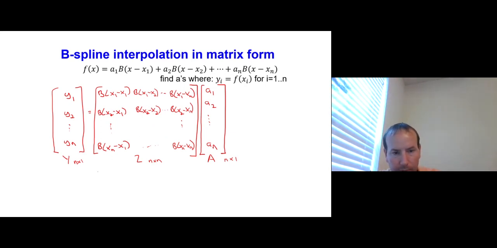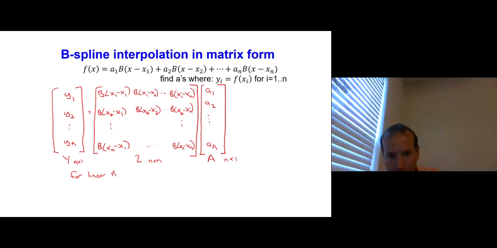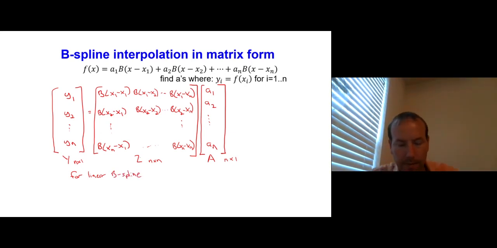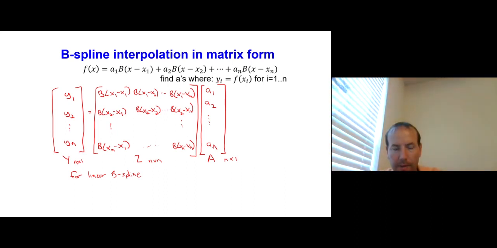For a linear B-spline, this is what it shows in general for B-splines that may be of different shapes, but the B-splines that we've talked about so far are simpler shaped.